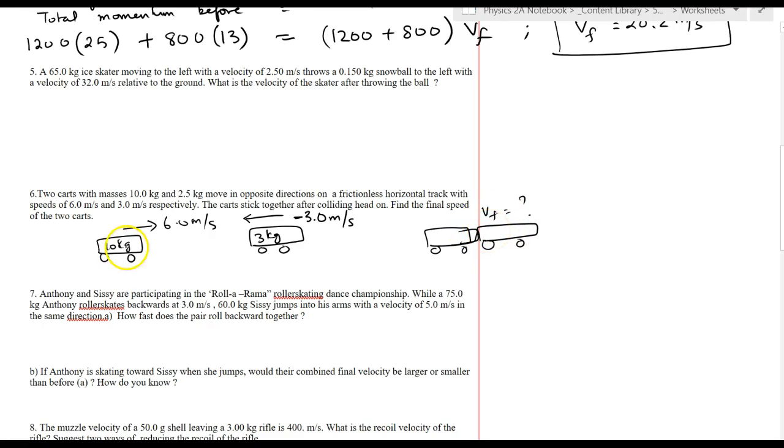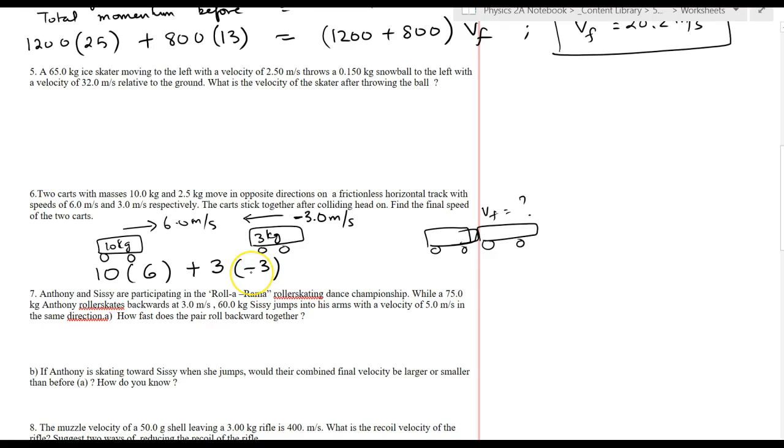So they are stuck together, and we want to know what is the velocity of the combined unit. So again, applying conservation of momentum, total momentum before impact equals total momentum after impact. So we can write 10 times 6, which is the momentum of the first cart, plus mass times velocity, so 2.5 times -3. Notice that this momentum is a leftward momentum because this object is moving in the opposite direction to the 10 kg object.